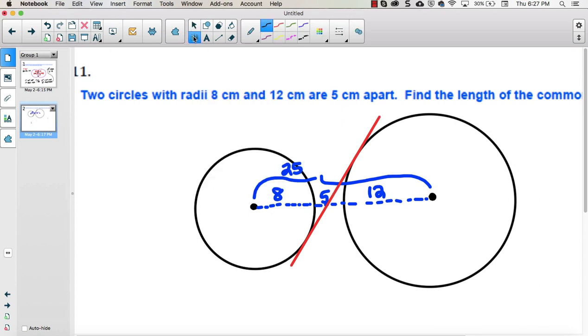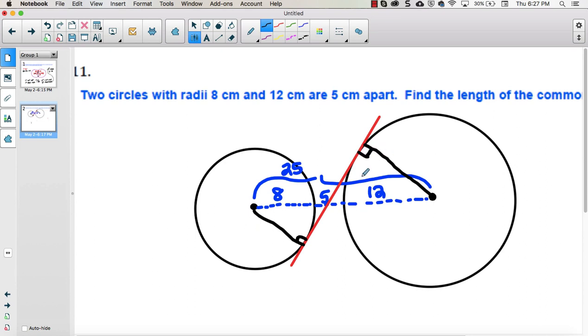Okay. Now, what you have to think about is that you know that if you draw this radius to the tangent, you get a right angle. And if you draw a radius to a tangent here, you get a right angle.